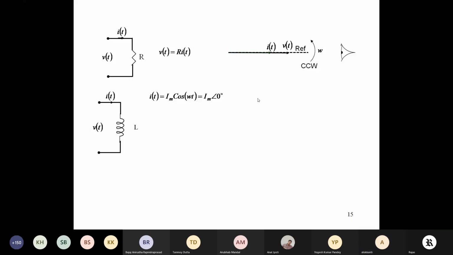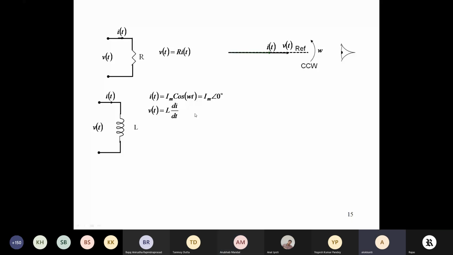Now find out VT for this. VT is Vm angle 90, or minus 90? You have to find out mathematically.